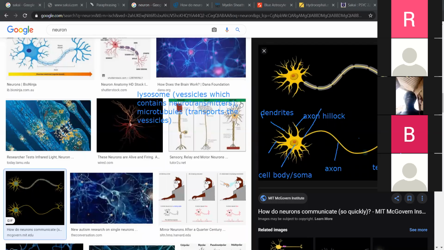It integrates whatever information or input is coming from other cells. Or they sometimes use the term it metabolizes input from other cells.